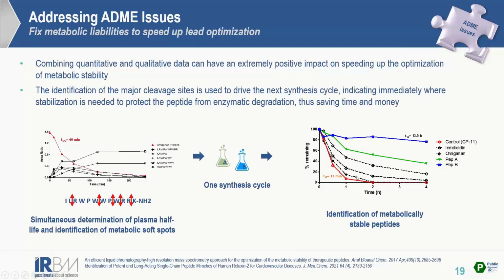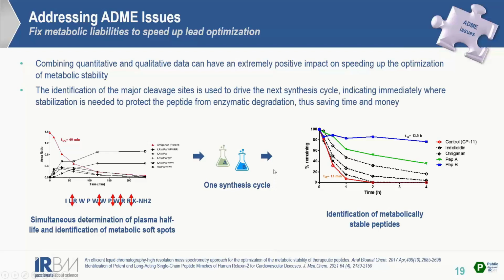This method was developed for the evaluation of in vitro plasma metabolic stability of peptides, but can be applied also to other in vitro metabolic stability models, such as whole blood or hepatocytes.